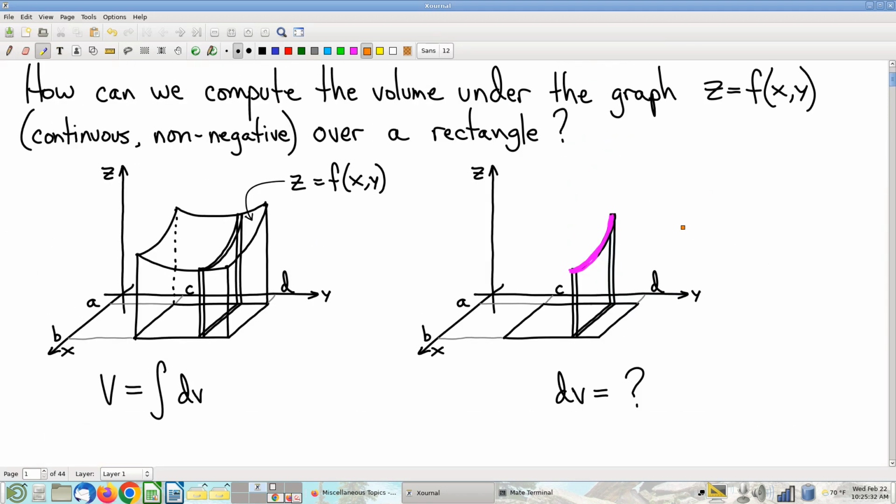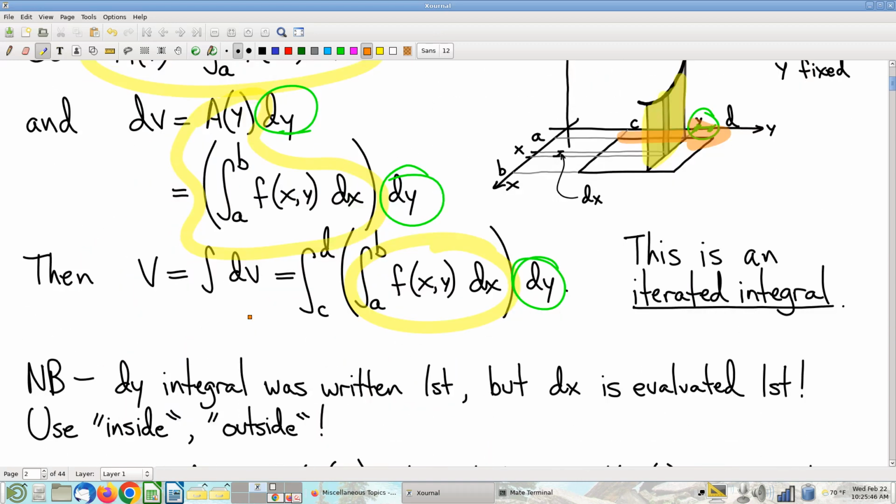Back over to this original picture. Keep in mind, that's what's going on in the y direction. For each value of y between c and d, we get a corresponding slice and therefore a corresponding piece of volume. So y goes from c to d.